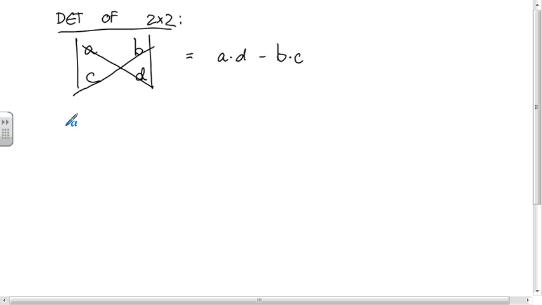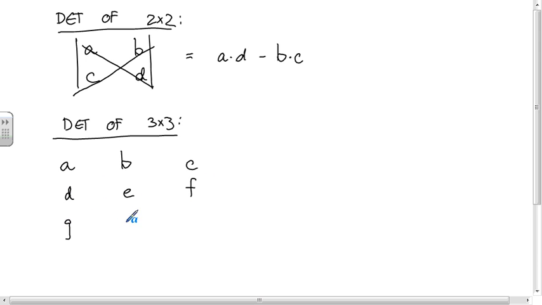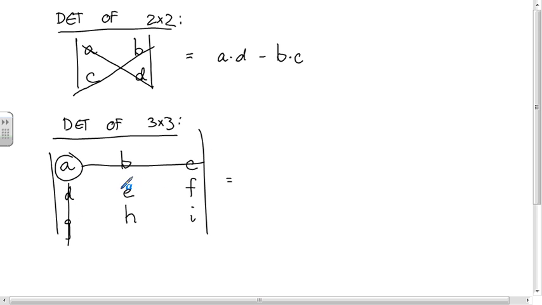Determinant of a 3 by 3 matrix. Let's say you have A, B, C, D, E, F, G, H, I. Did I do that right? Good. So you take A and cross out the row and column aligned with A, and then calculate this determinant.